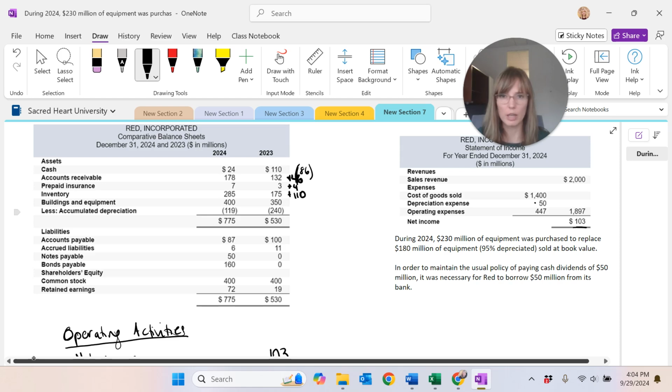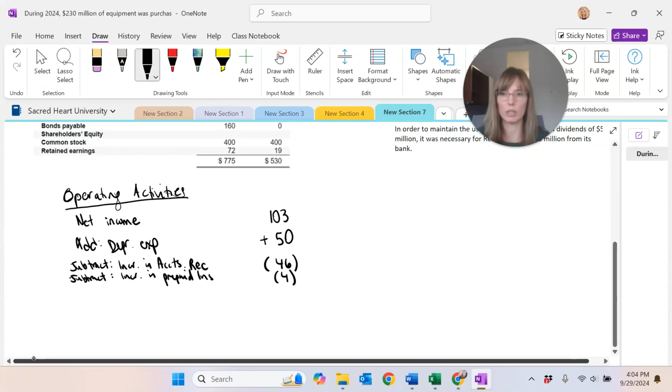And what this means is that the cash went down, but the cost of goods sold did not decrease your net income. So cash went down. We need to subtract out the increase in inventory. And once we do adjust for the change in the accounts payable, it won't matter whether or not this assumption is correct that it was paid in cash.